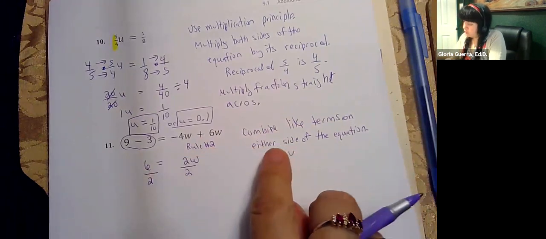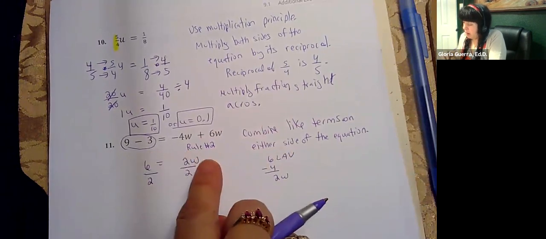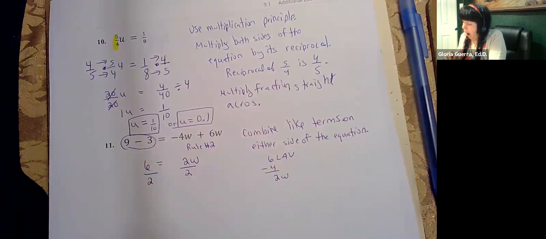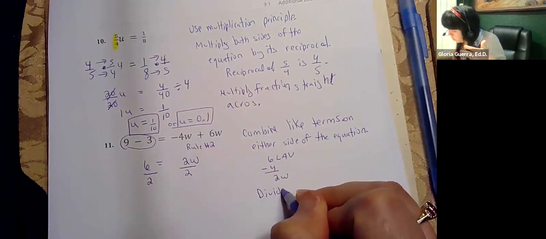So first you try to combine like terms on the left and on the right. Now you're trying to solve the equation, so we're asking you to divide by 2.